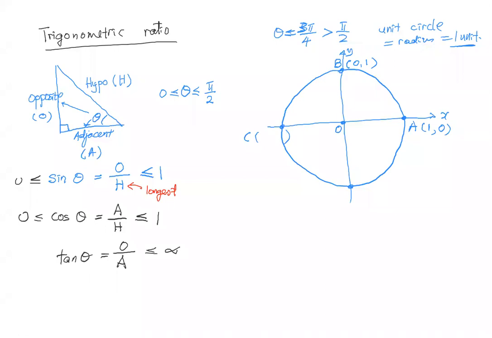Cindy? -1, 0. Okay, can you tell me the coordinate of point D? Muhammad Amali? 0, -1.